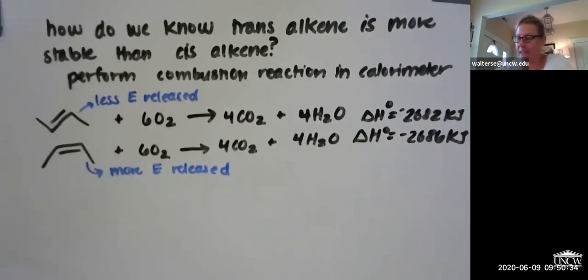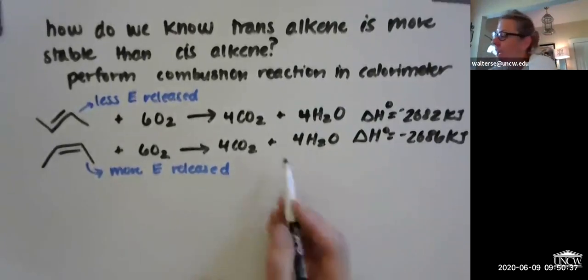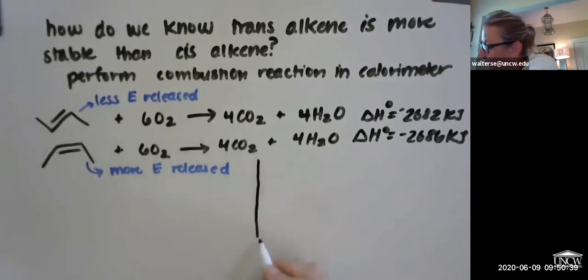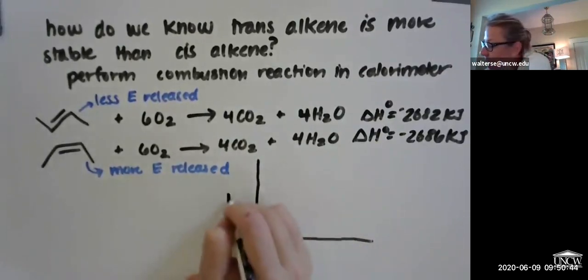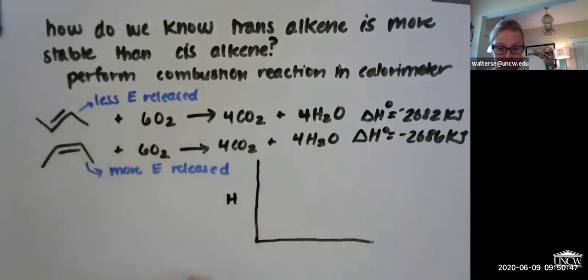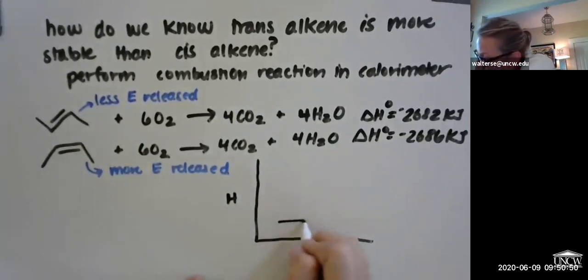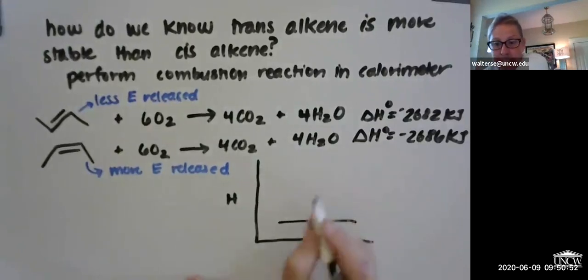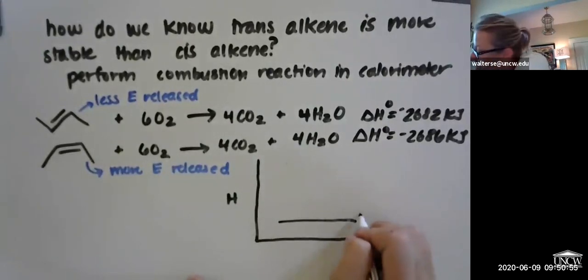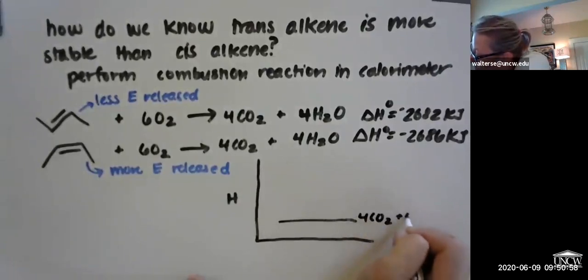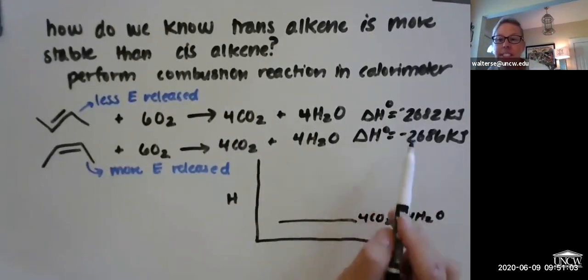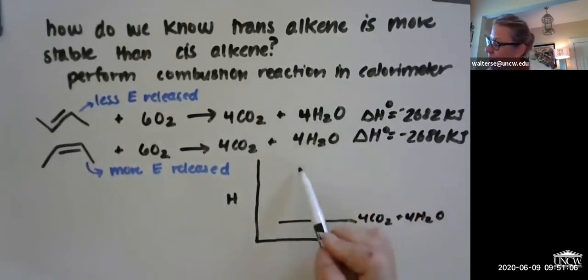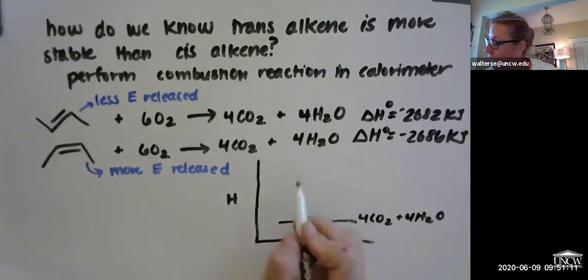This only really makes sense when you put it on an energy level diagram. So this is going to be the enthalpy. And what we're going to put down here is our products. So this is the 4 CO2 and the 4 waters. Okay. These values represent how much higher than the products the reactant energies are.